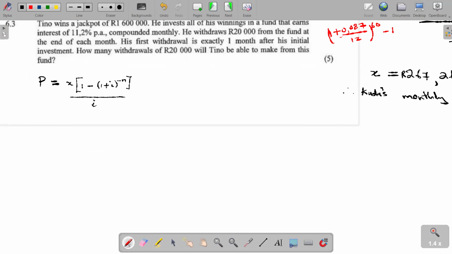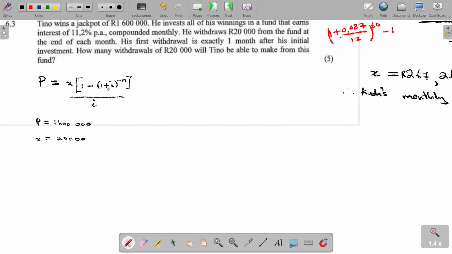Then you have to identify what it is that you are given. You are given P, which is the lump sum which he wants to invest now, which is 1.6 million. Then X is the monthly withdrawals, which we are told will be 20,000.